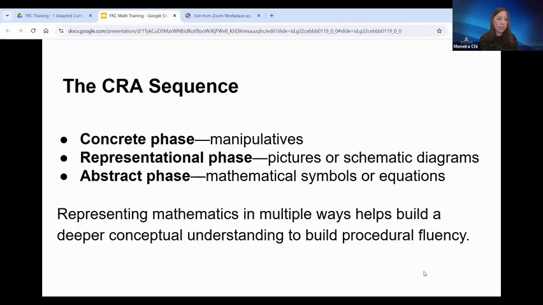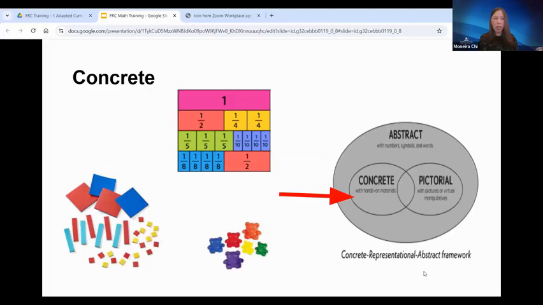And then, of course, the goal is going to be that those numerical representations or math symbols and equations are going to eventually be what we're getting our children to. It's important to make really explicit connections among all three levels of understanding throughout instruction. So let's dig into each piece of this framework.